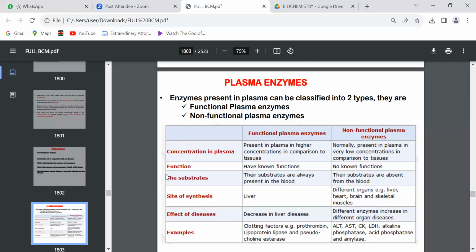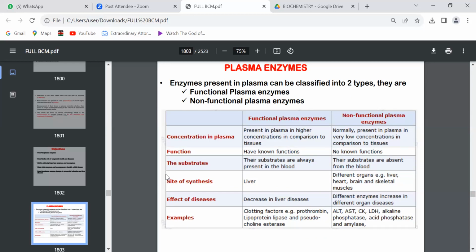But the non-functional ones are found in other sites and in very small concentrations in plasma. So if they are high in plasma, you can estimate that this enzyme is normally found maybe in the liver or in the heart. So there's a problem either with that specific organ, or maybe it's the clearance of that enzyme that has an issue.